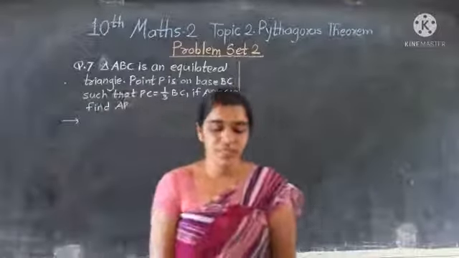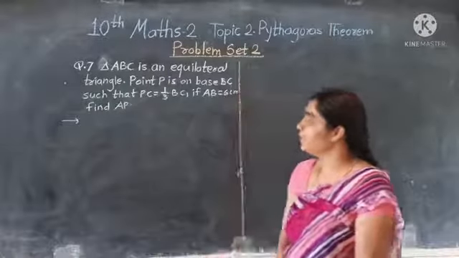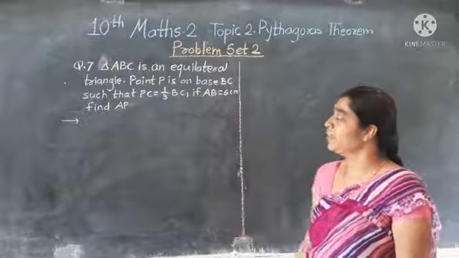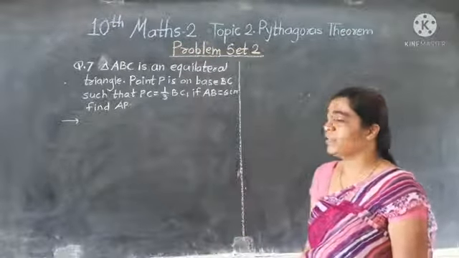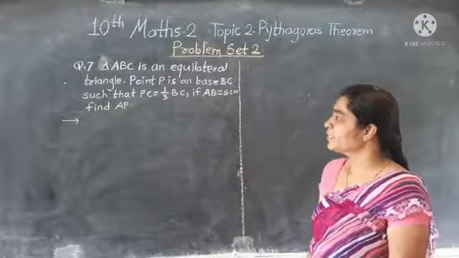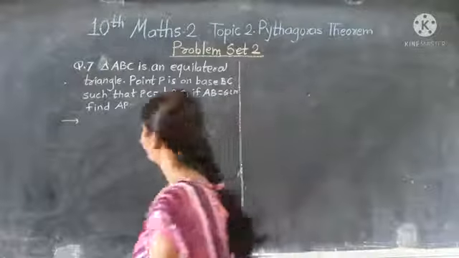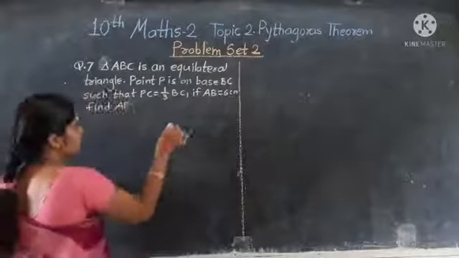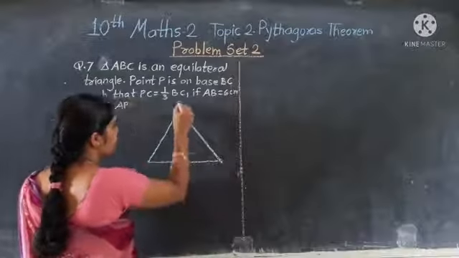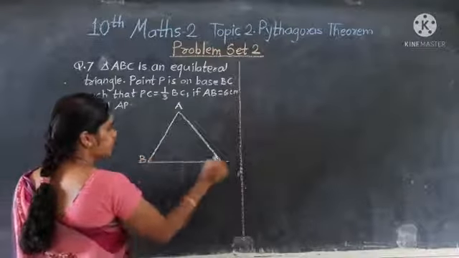See students, question number 7. Triangle ABC is an equilateral triangle. Point P is on the base BC such that PC is equal to 1 upon 3 BC. If AB is given 6 cm, find AP. Students, we first try to draw the figure. Suppose this is the equilateral triangle ABC.